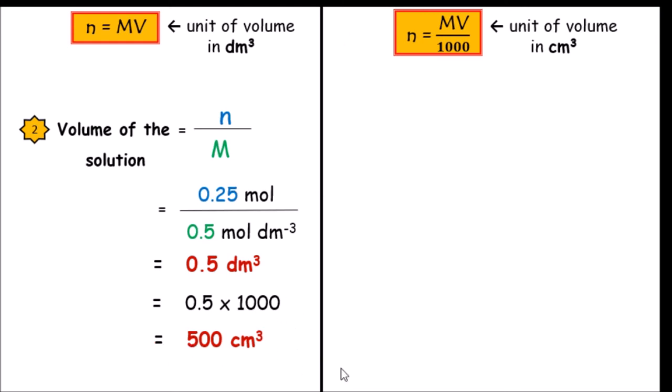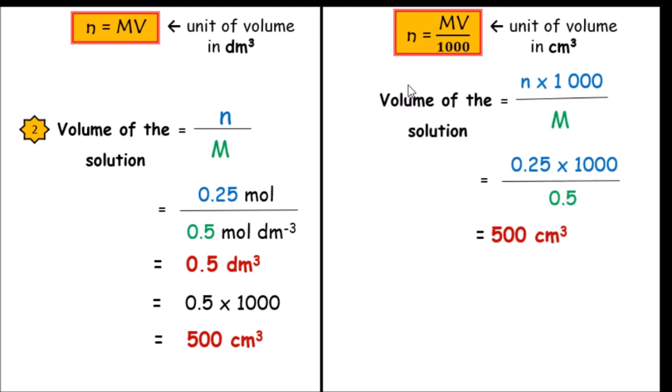And now, if you use the other formula, N equal to mv over 1000, you just directly change it from this formula to get the formula of volume. So volume of the solution is equal to number of mole times 1000 over molarity.